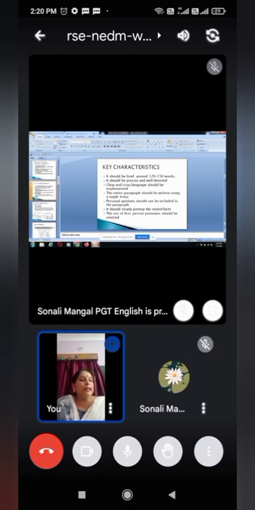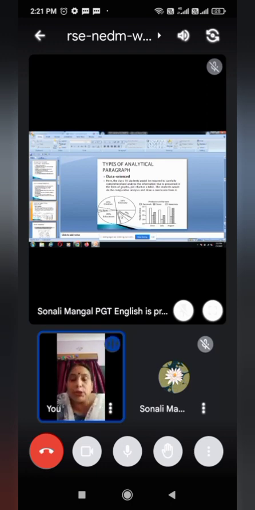It should clearly portray the stated facts. Whatever the facts are given, they should be pointed out properly. The use of first person pronouns should be omitted because it is not your own opinion. That is given in the question. Your own opinion has nothing to do with data interpretation or analytical paragraph.